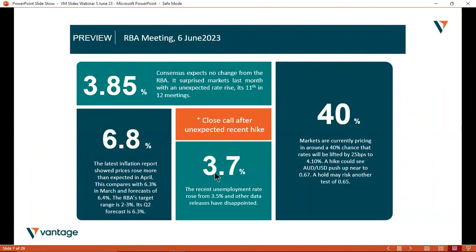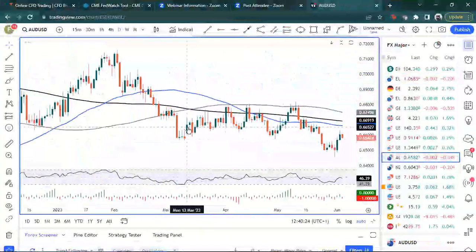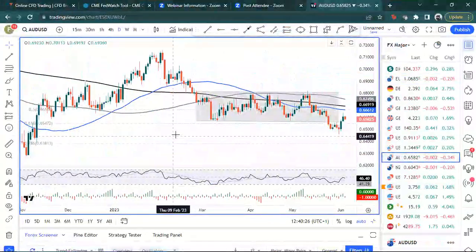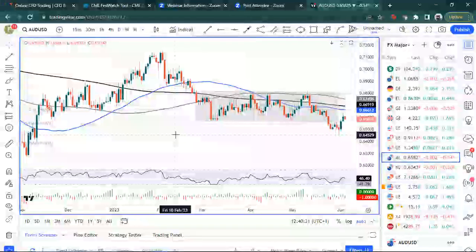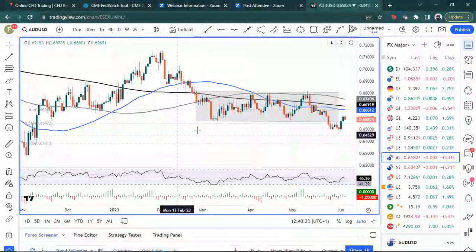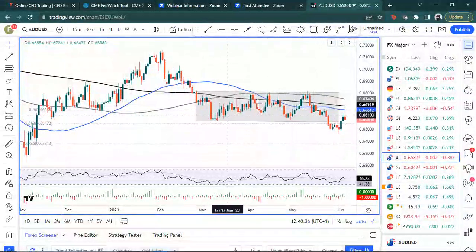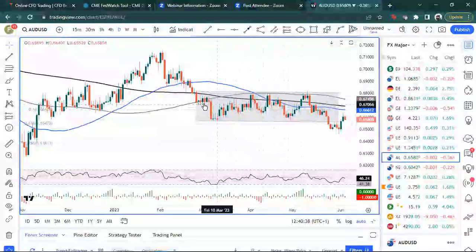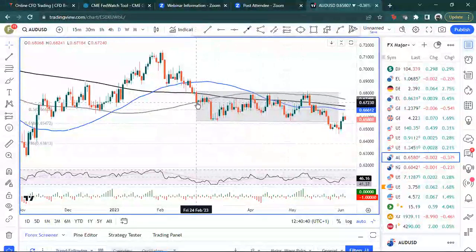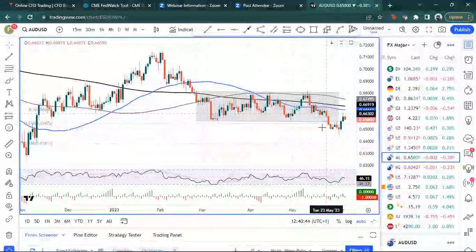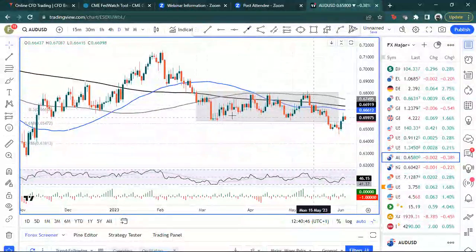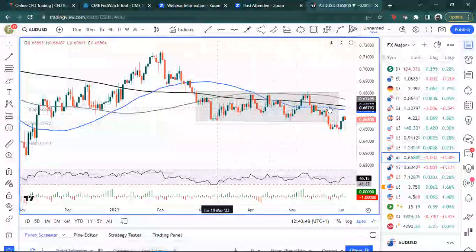We'll just check out the Aussie, of course, pushed around really by the dollar, and also, of course, Chinese data and the faltering recovery that we've seen in China. Interestingly, we broke out of this range you can see here, a long-held range since late February, early March, around 68 to just below 66, tracking sideways.